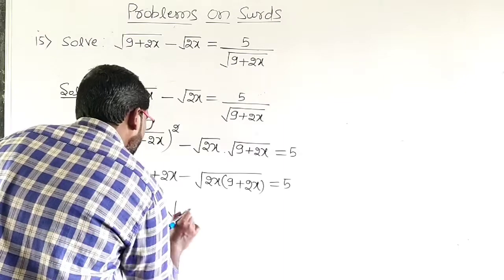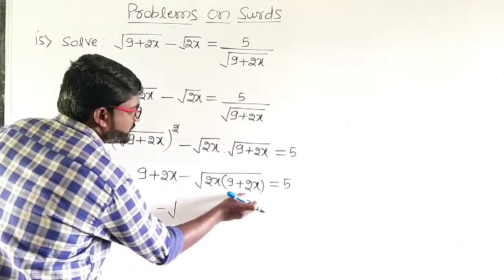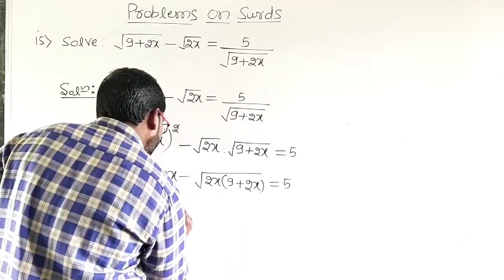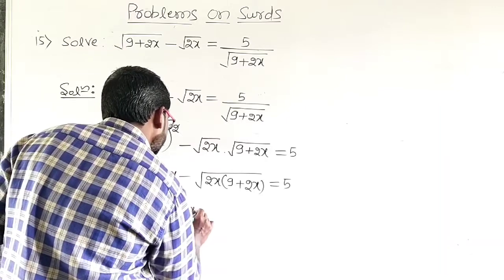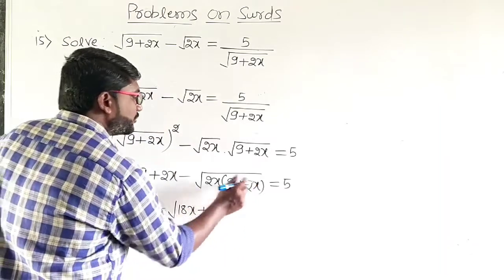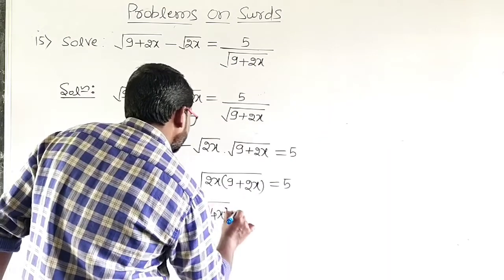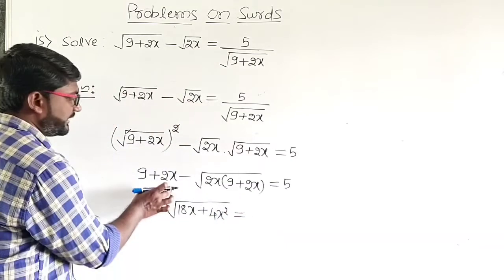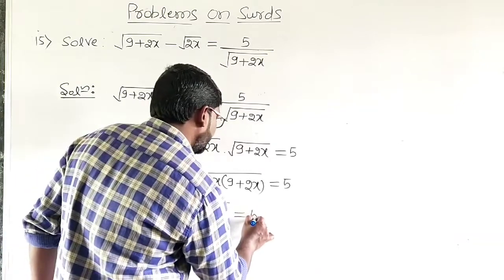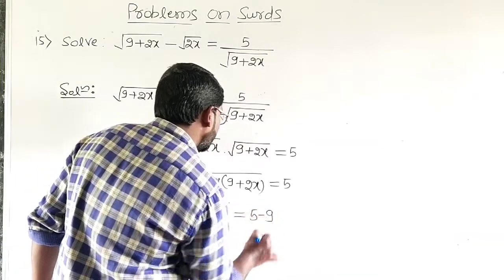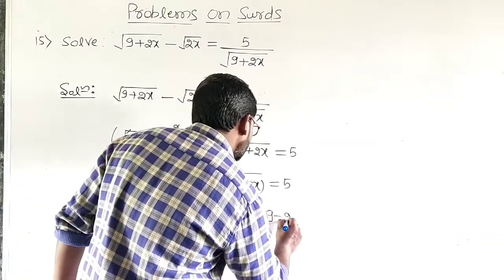Minus square root of, multiply 2x with these two terms, 2x into 9 will be 18x plus 2x into 2x will be 4x square, which is equal to, so take these two terms to the RHS, 5 minus 9, then minus 2x.